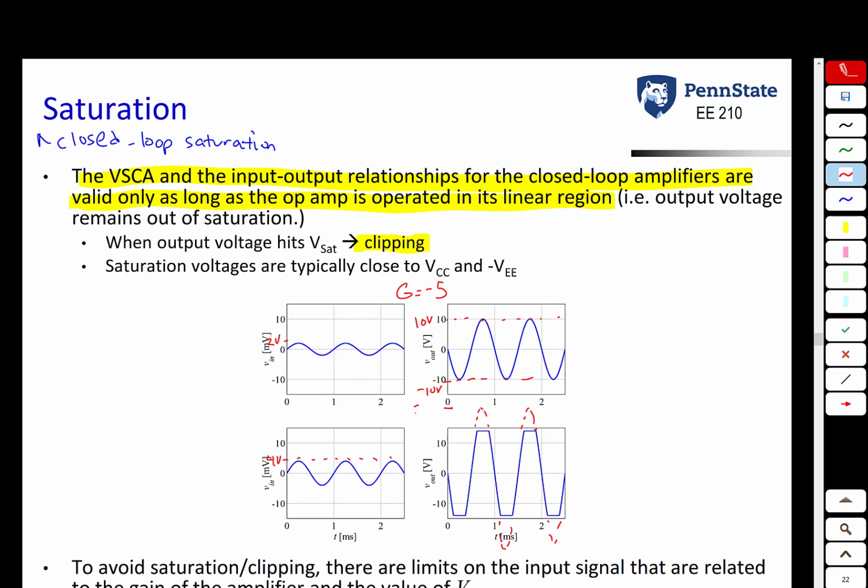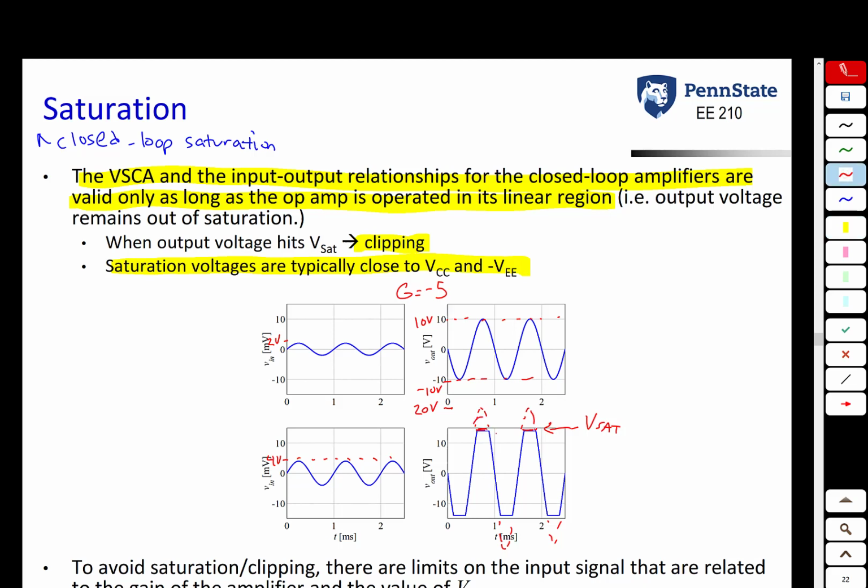But the op-amp is limited because of the power supply voltage, and so it levels off right at the saturation voltage, Vsat, which is going to be close to the power supply voltage. Remember, the saturation voltages are typically close to the power supply voltages.